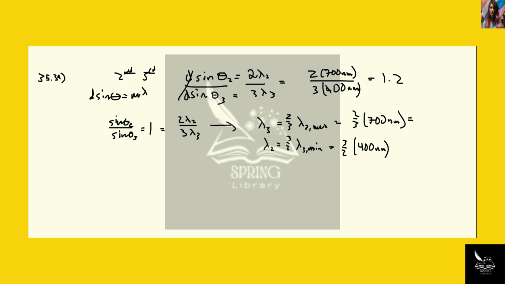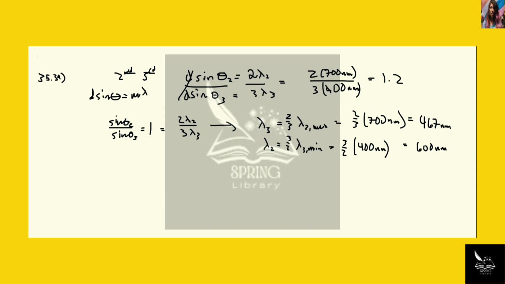If we plug that in, this comes out to 467 nanometers for lambda 3 and 600 nanometers for lambda 2.